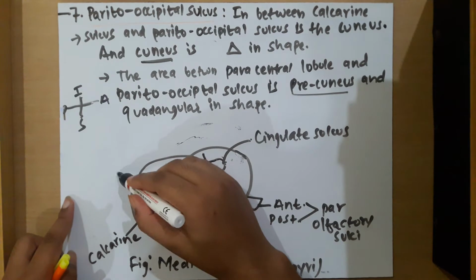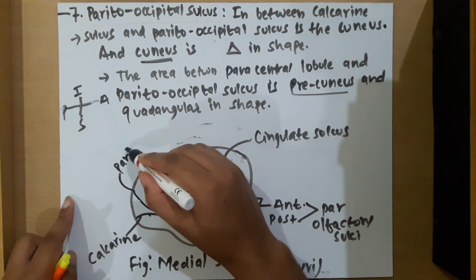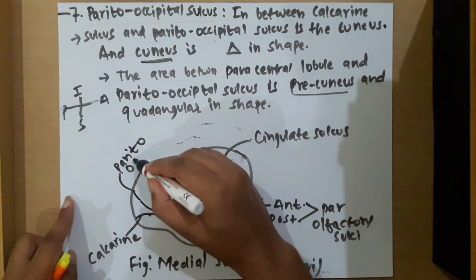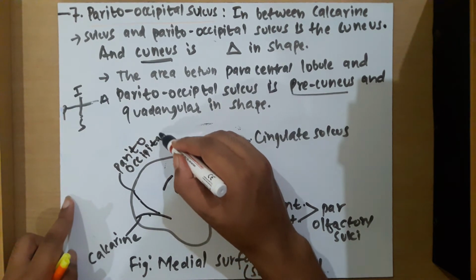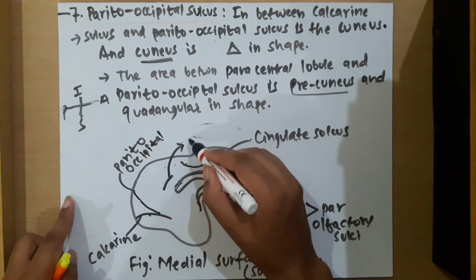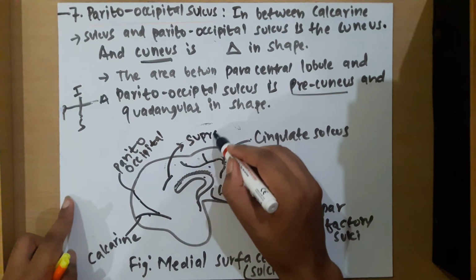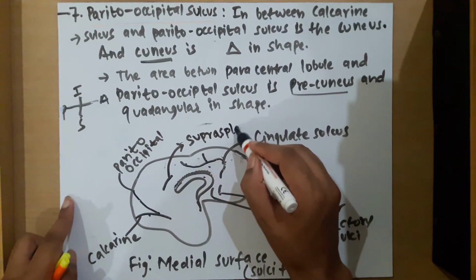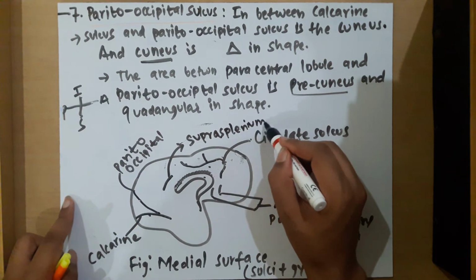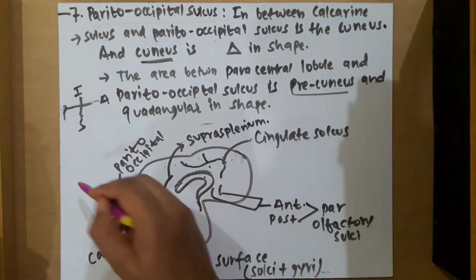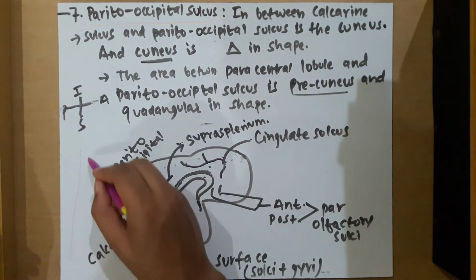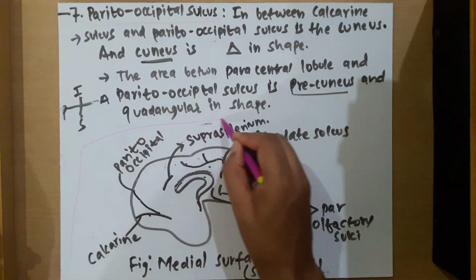This is parieto-occipital. And this is the suprasplenium. Okay, so you don't get confused in between them. These two are separate.